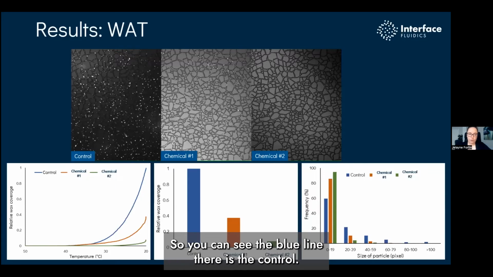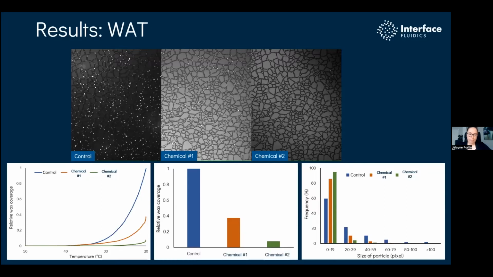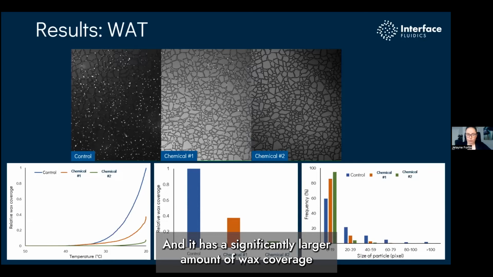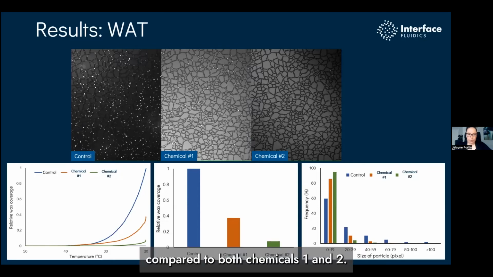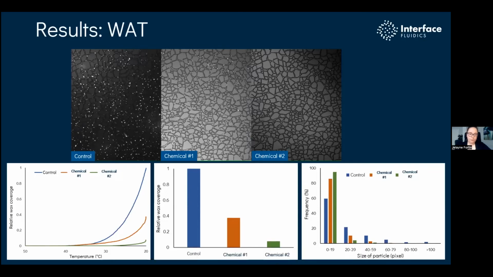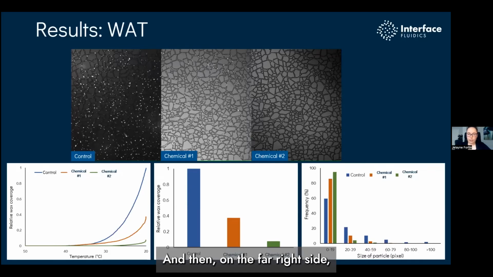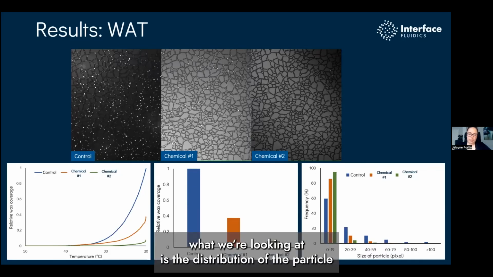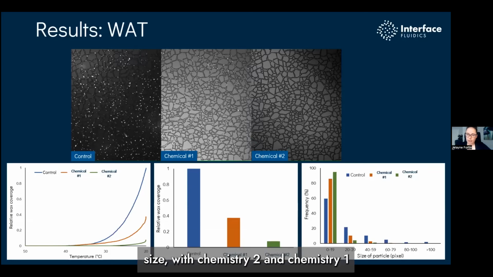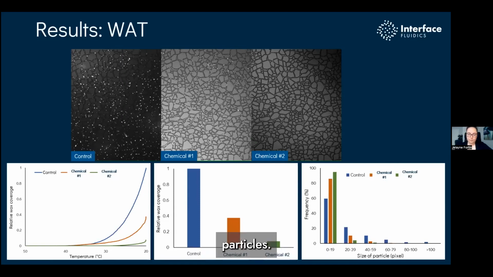The blue line is the control, and it has a significantly larger amount of wax coverage compared to both chemical 1 and 2. On the far right side, we're looking at the distribution of the particle size, with chemistry 2 and chemistry 1 having a higher frequency of smaller particles.